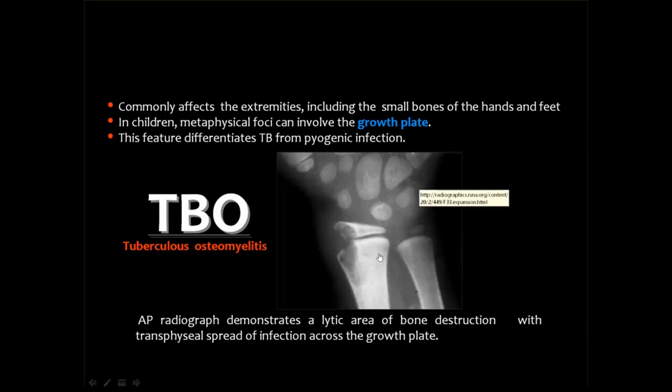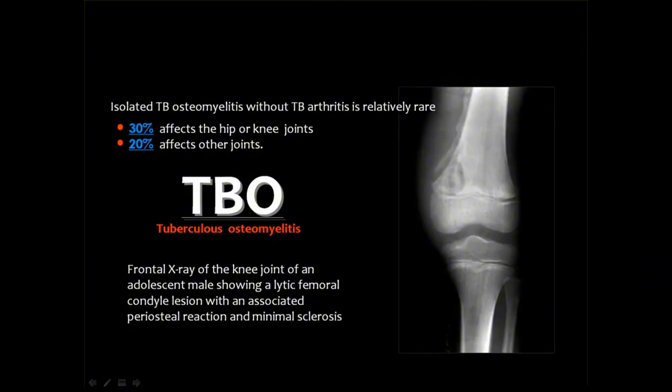Pyogenic osteomyelitis does not usually cross the physis, but tuberculous osteomyelitis can do so. And this is another example of tuberculous osteomyelitis.